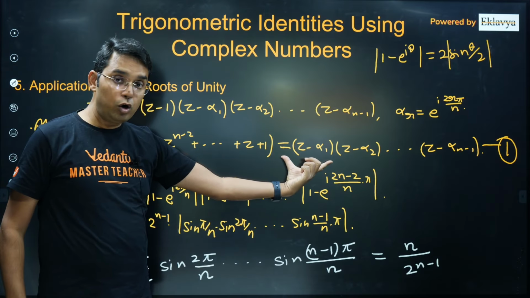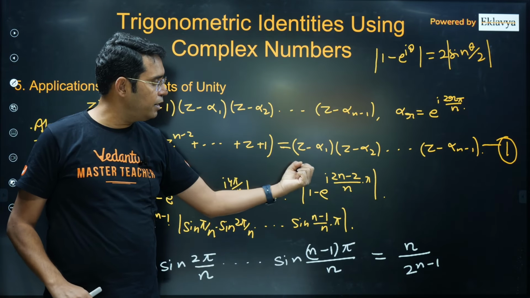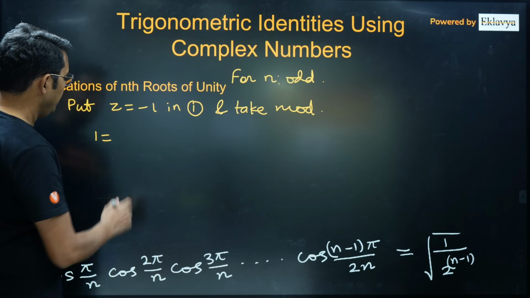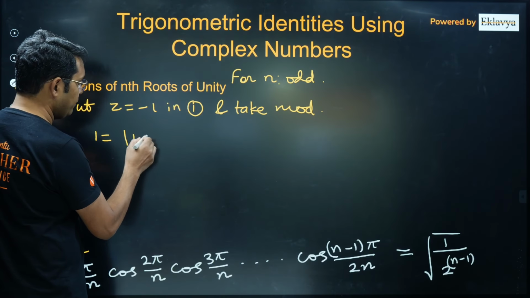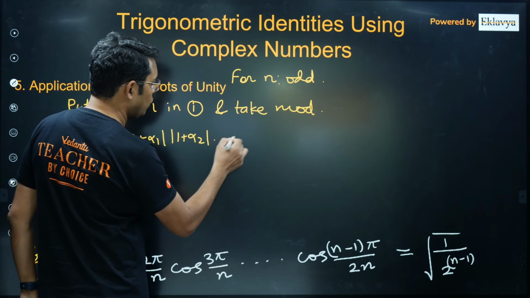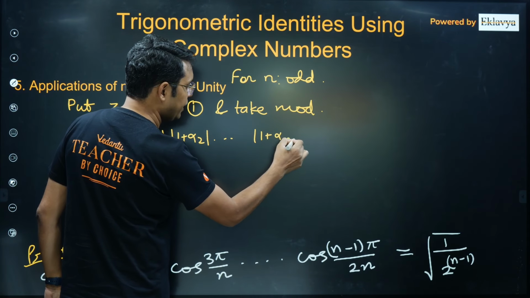we are looking for mod of -1 minus alpha 1, -1 minus alpha 2, and so on. Okay, so this is same as I write 1 plus alpha 1, 1 plus alpha 2, and so on, 1 plus alpha n minus 1.